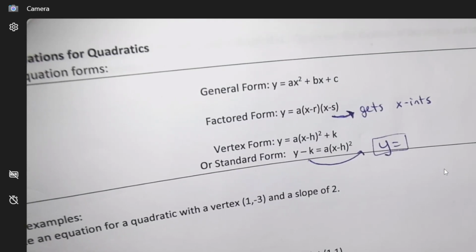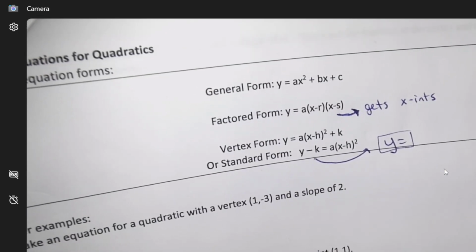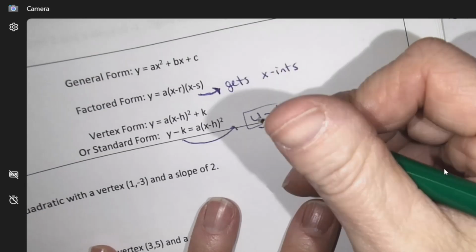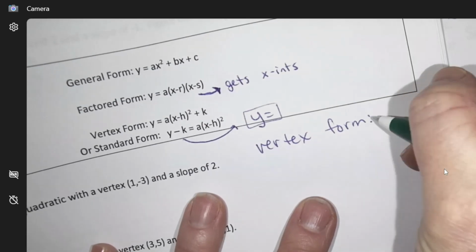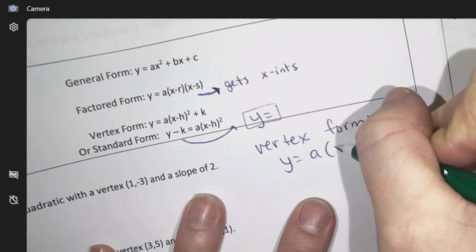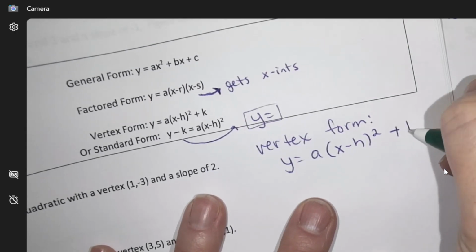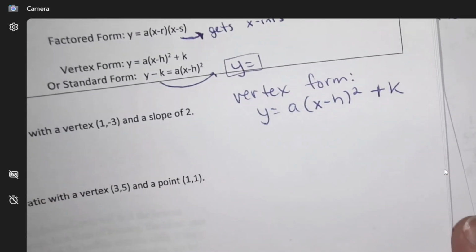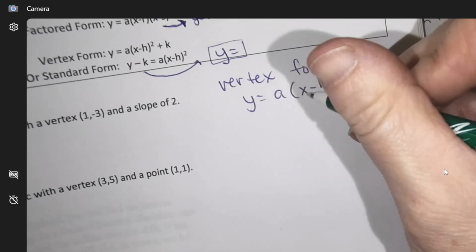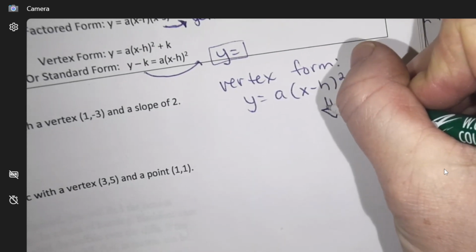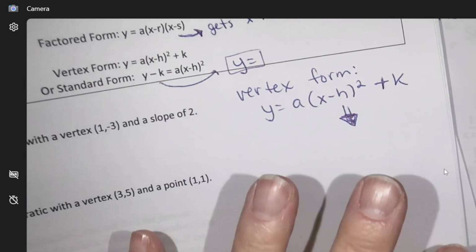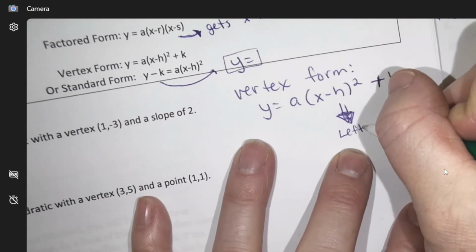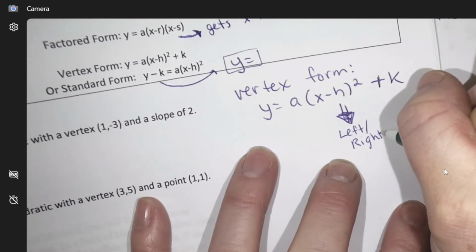Okay, so let's talk about the characteristics again. I'm going to talk about vertex form. Here we go. This number does what? It moves it left or right.